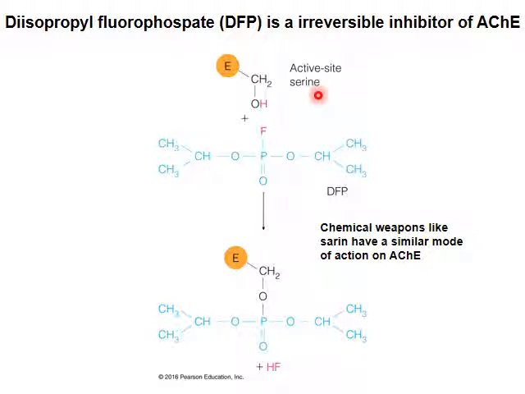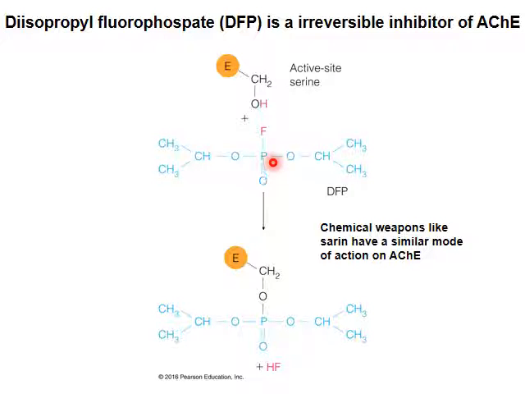You have to have abstraction of this proton by a neighboring base in the enzyme active site to promote the nucleophilicity of this alkoxide that's formed that will attack, in this case, the phosphorus atom of this diisopropylfluorophosphate. And this fluorine is a very good leaving group as well.